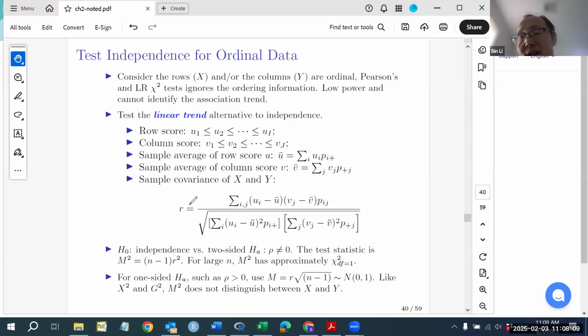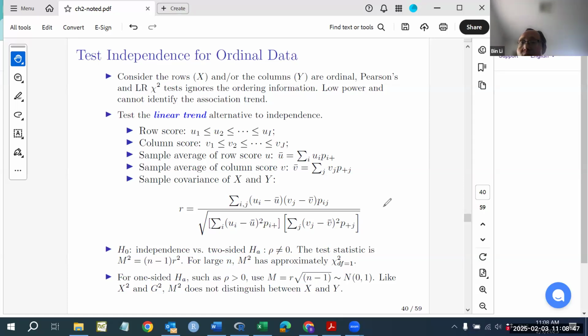What is the alternative? The alternative says they are not independent, but there are many, many types of association we can have instead of independence. So you can see the alternative is very general. So there are many possible directions included in the alternative hypothesis. So that's why for such a general alternative, the power of the test is very low. And that makes sense because there are so many possibilities in the alternative. So to identify that, the power is low.